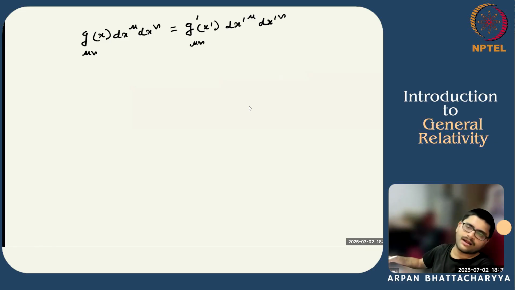We just say that under arbitrary relabeling, the spacetime physical distance between two spacetime points separated by some infinitesimal dx remains the same.